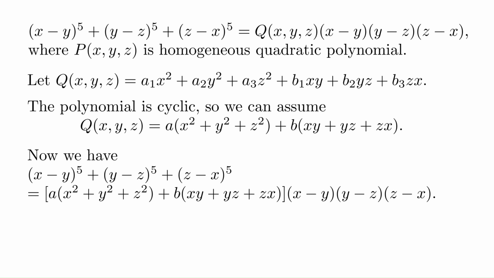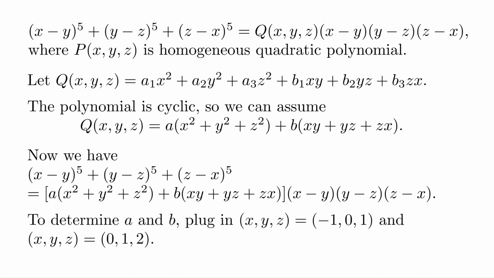Plug in 2 sets of numbers for x, y, and z, and we will have 2 equations in a and b. For example, we can plug in x, y, and z equal to -1, 0, and 1 respectively, or 0, 1, and 2 respectively.